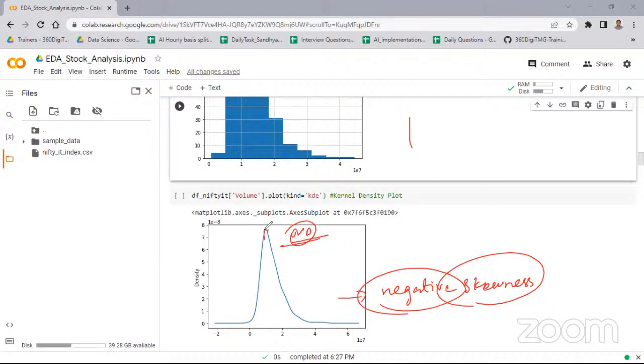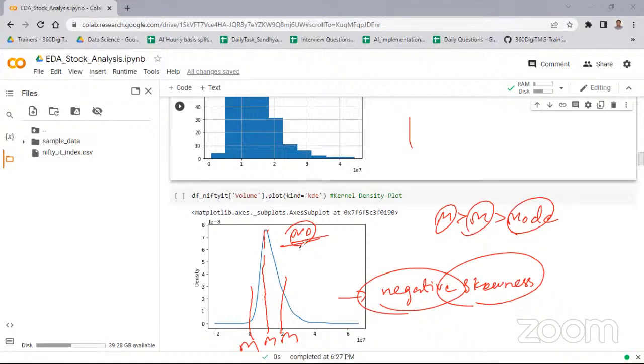Hence, it shows that the mean is less, the median will be greater, and the mode will be the greatest. So this is what we have come across from the data.